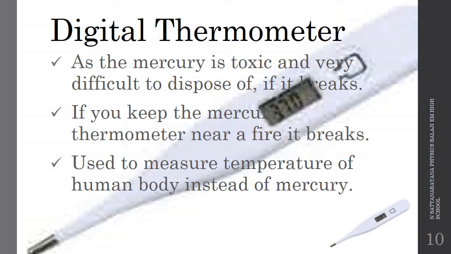They should be kept in cool conditions, like a refrigerator or under water, to preserve them. Understand? And this digital thermometer is used to find the temperature of a human body instead of a mercury thermometer. That's the purpose.